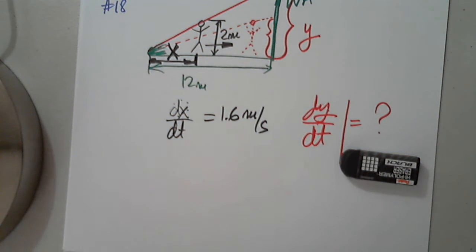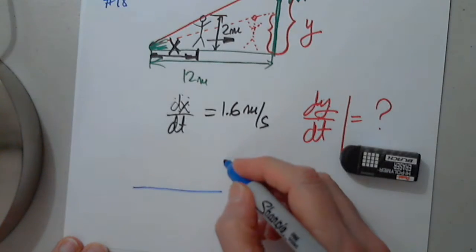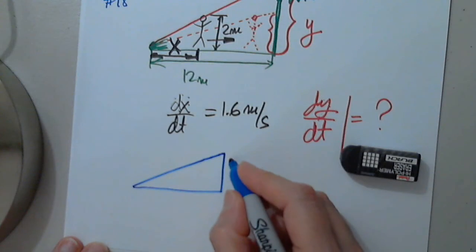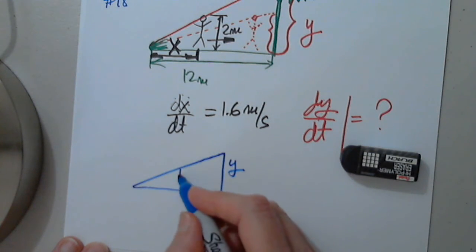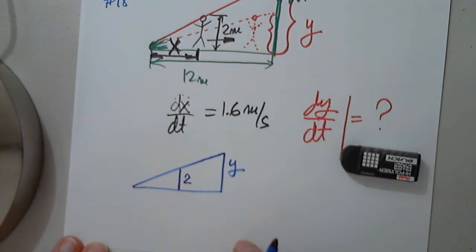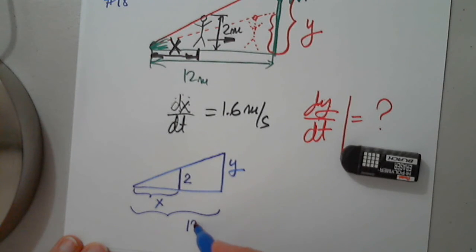So now I'm going to take that out of there because I need to explain what is the next step. So we know that this is y. The person at some point in time is here. We know that his height is 2. We know that this is denoted by x. And we know that this is 12.